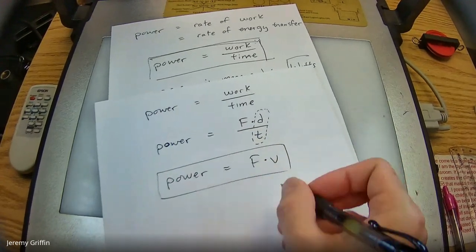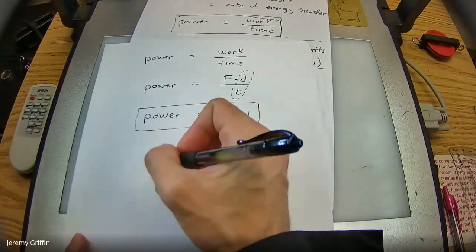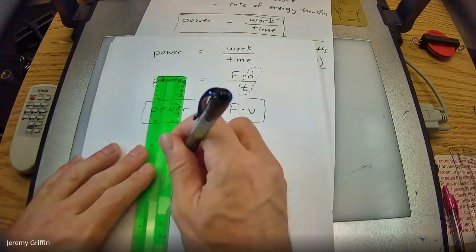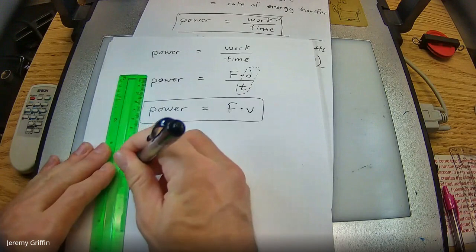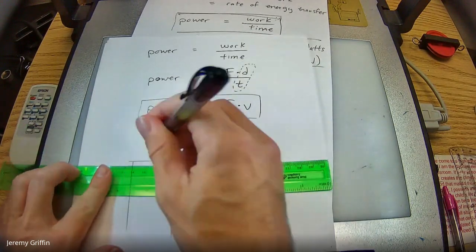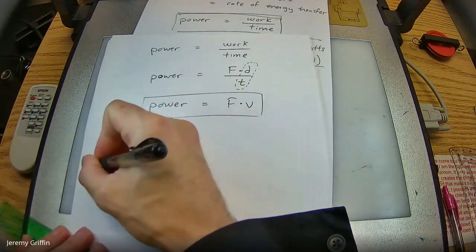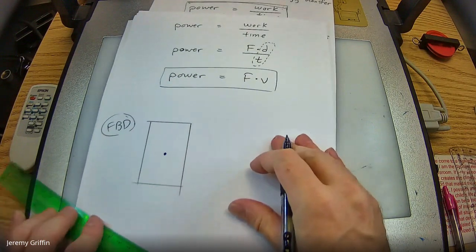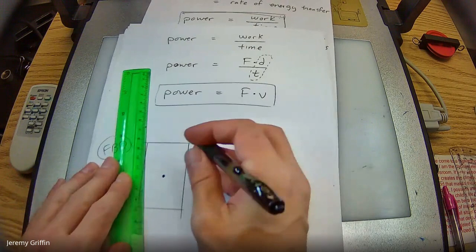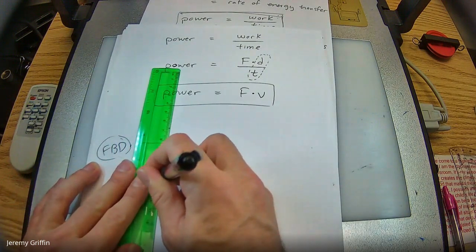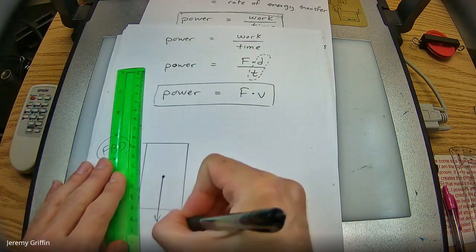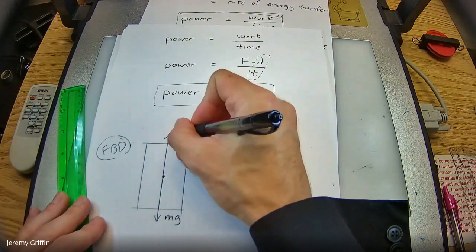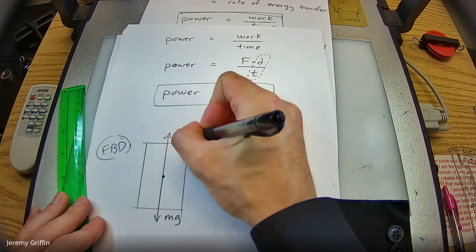For example, suppose there was an elevator going. Let's do a free body diagram on this elevator. FBD, free body diagram. So this elevator has a center of mass. It has a weight that's pulling it down, mg, and maybe a tension force from a cable pulling it up, F sub tension.